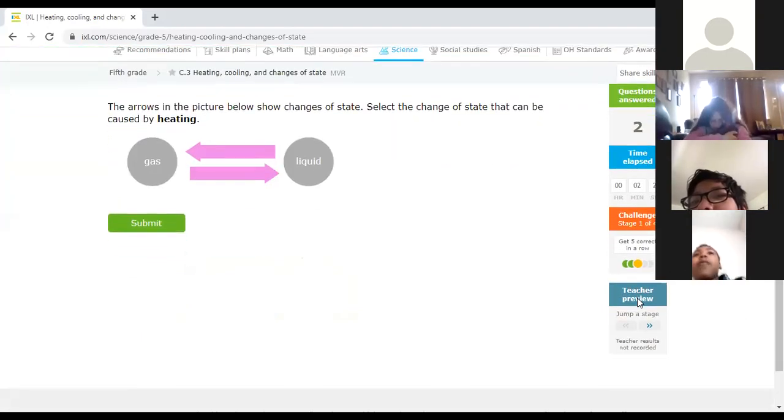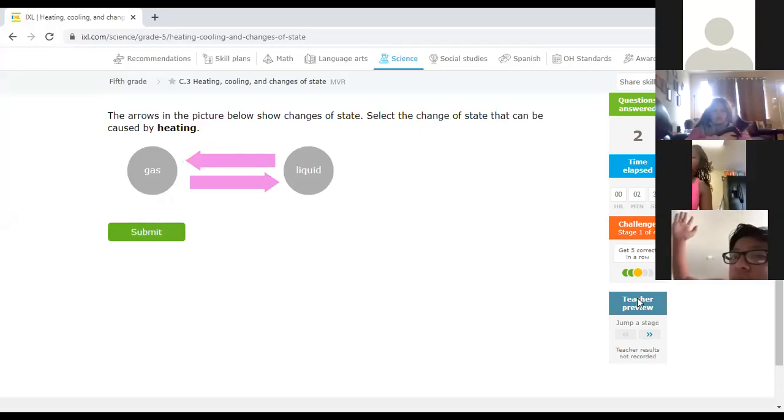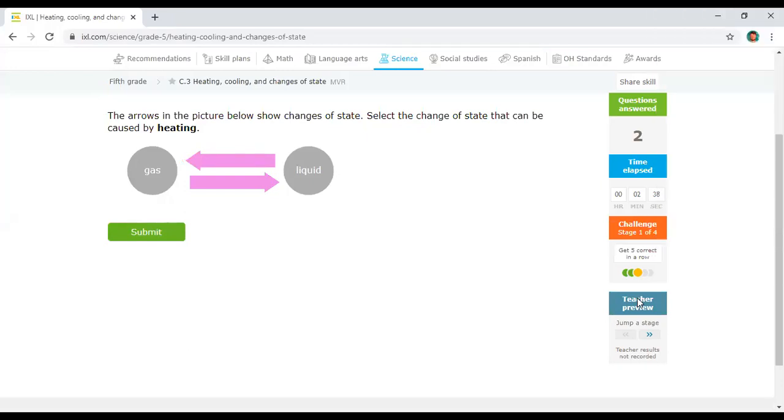But yes, Philmon's correct. All right. Guys, this time it doesn't tell us what the word is. So which one of these happens through heating? It just gives you an arrow this time. Just an arrow. All right? I see Agni.